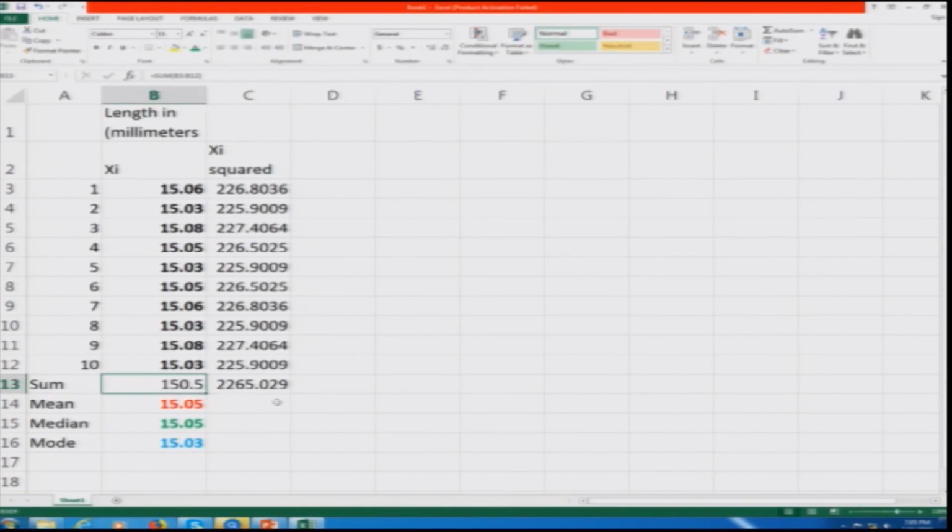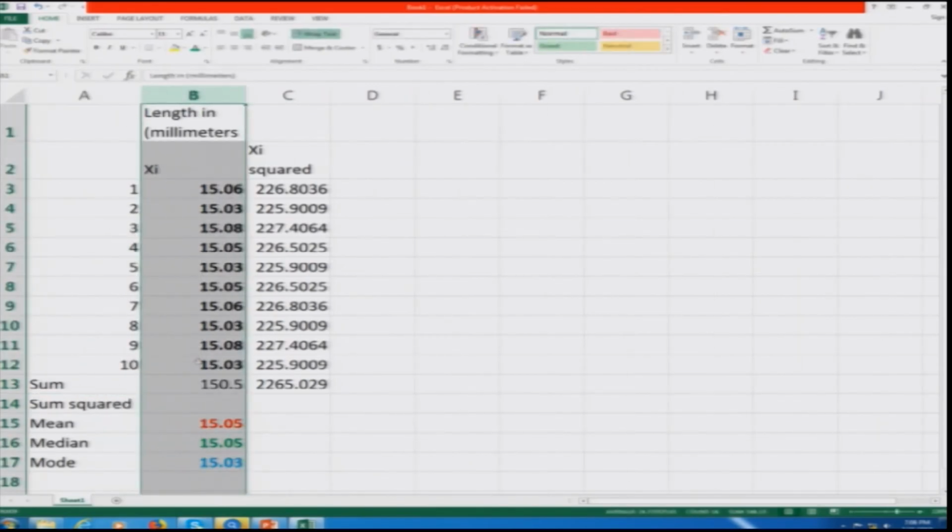So, let me put it here. I will drag it further down and put here sum squared.